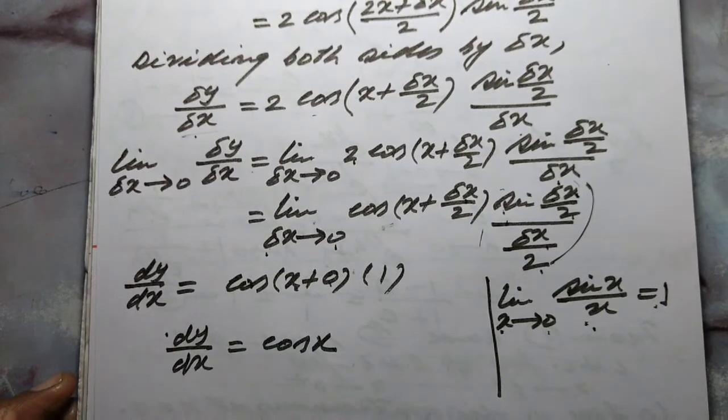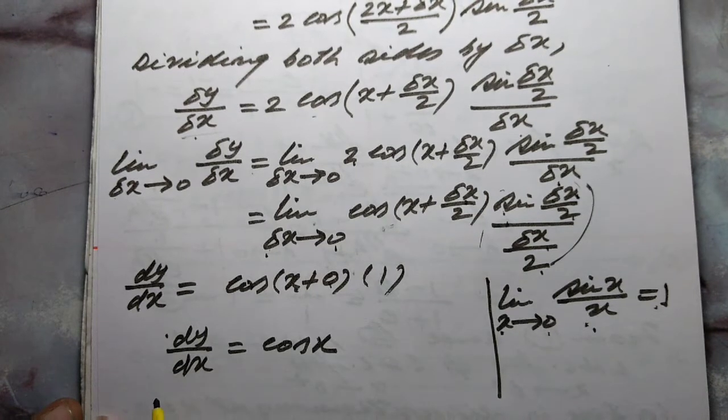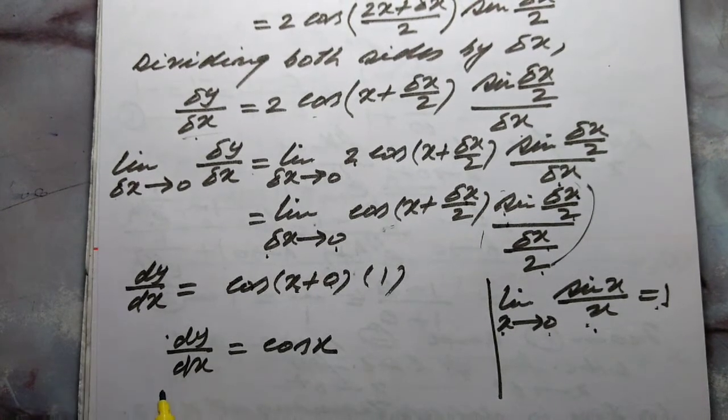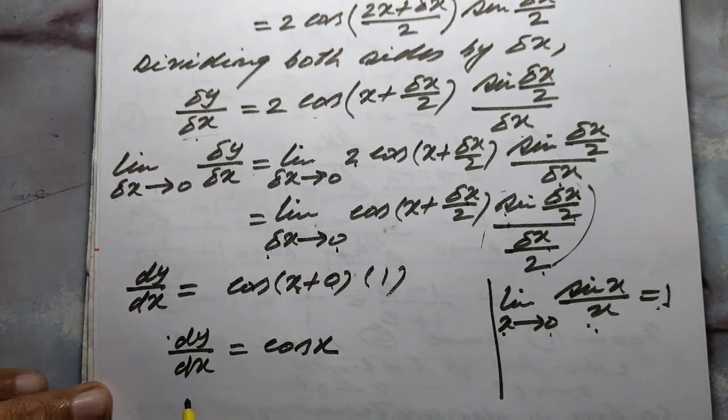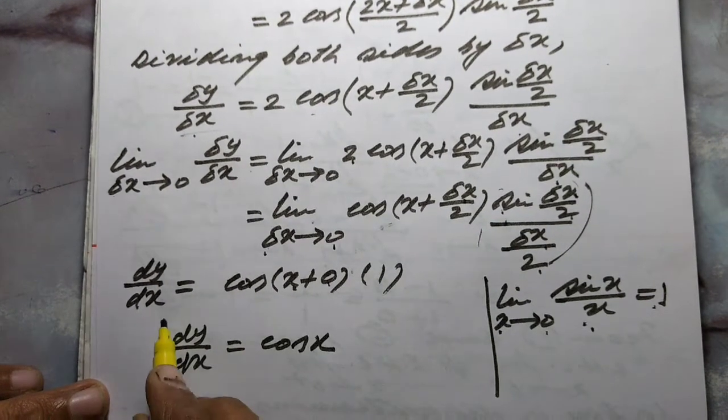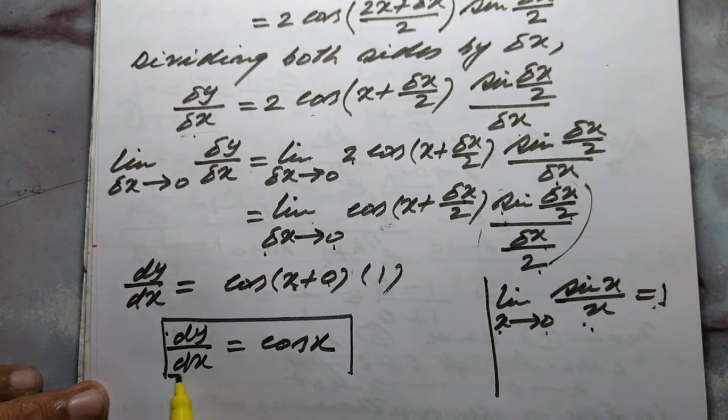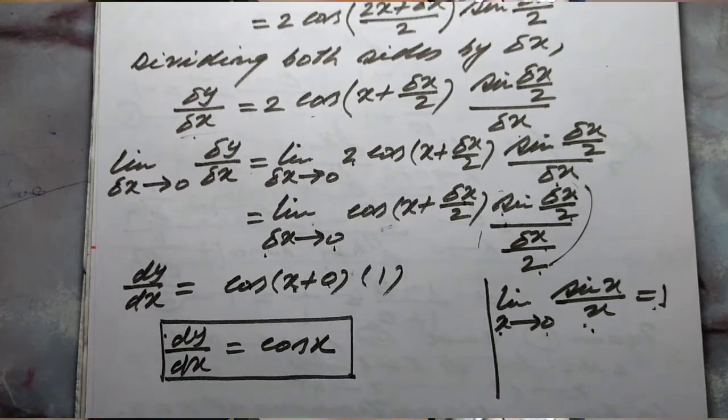So we have proved if y is equal to sin x, then its differential coefficient, that is dy upon dx, is equal to cos x. If y is equal to sin x, its derivative is cos x. In the same way, we may prove the derivative of cos x is minus sin x. So you better try yourself with the same algorithm.